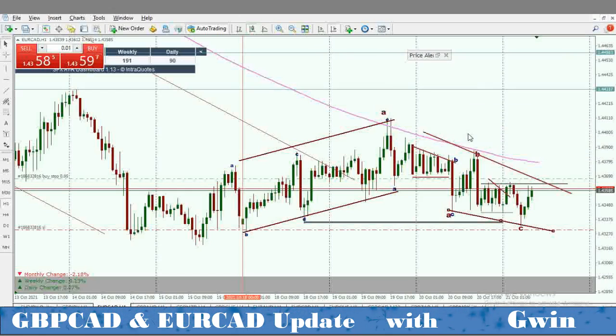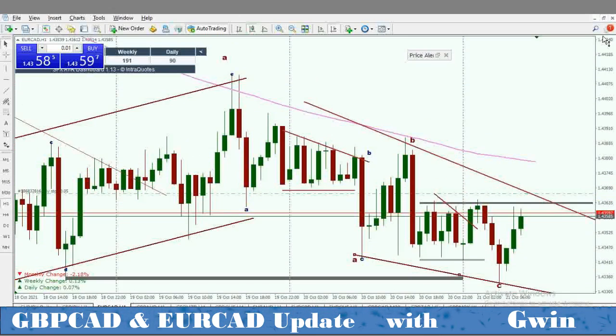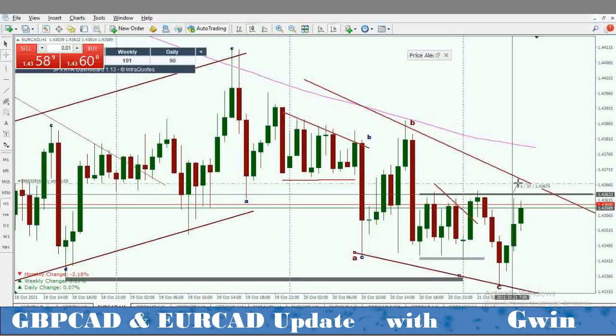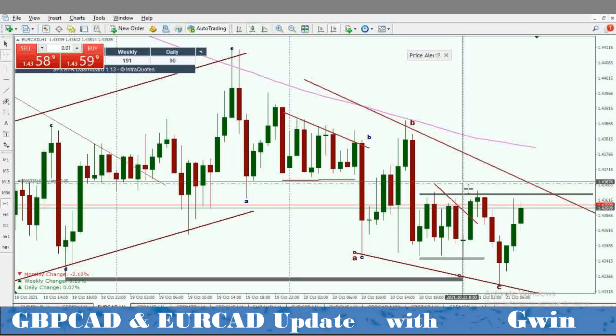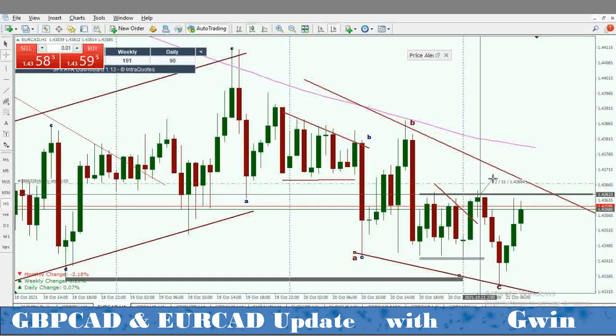I'm going to take out those structures there. What's going on with this one? I don't like the way this is positioned, it's very close to the structure. So I'm going to put 5 pips more from the high, so 1.4368.